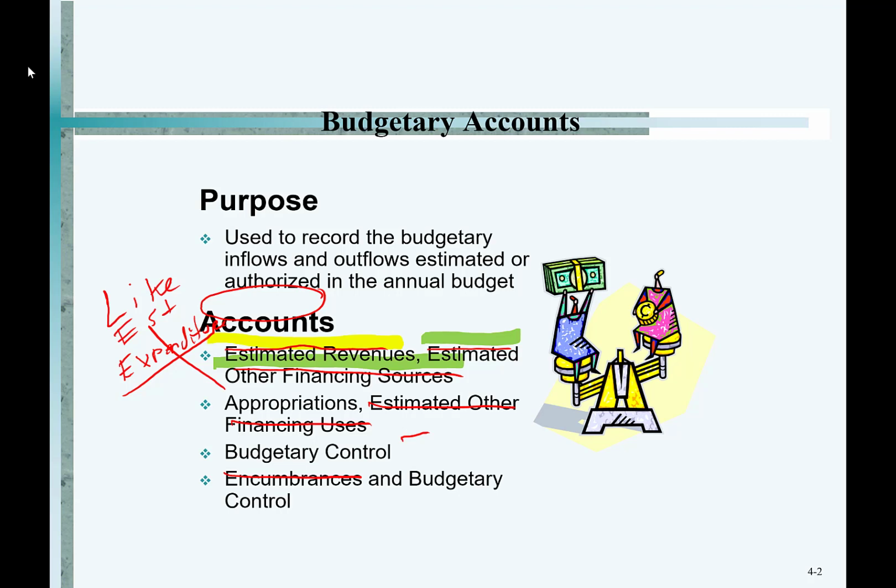So appropriation is what? The authority to spend. Once we get that authority to spend, that's what we're estimating we're going to spend, but we don't call it estimated expenditures, we call it what? Appropriation.